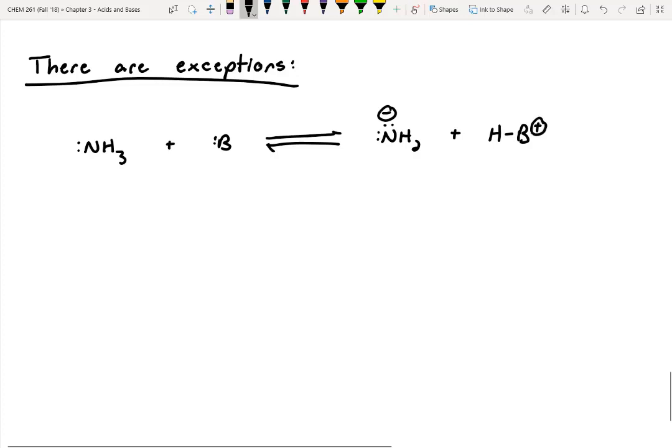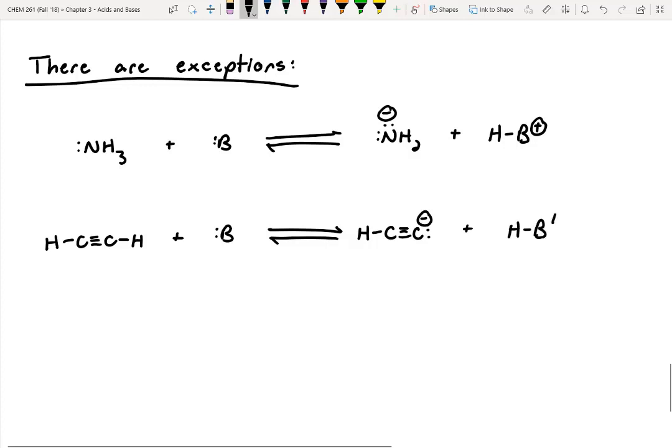And let's compare this to a second completely different molecule. We'll do acetylene again. With acetylene, you can pluck one of those protons off of one of the terminal carbons. That gives that carbon a negative charge, and we end up with our conjugate acid.